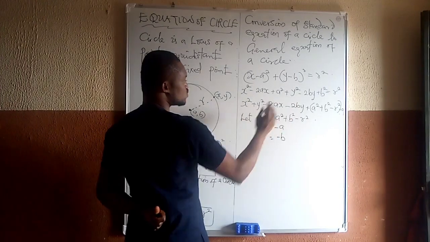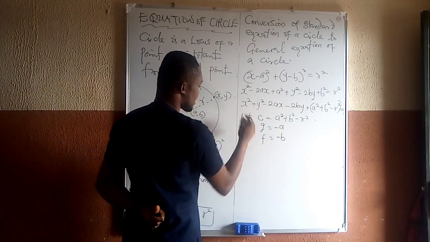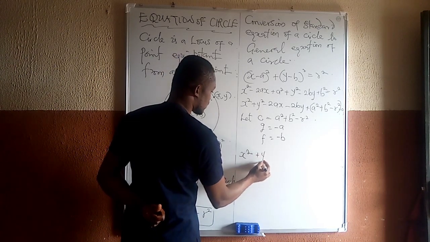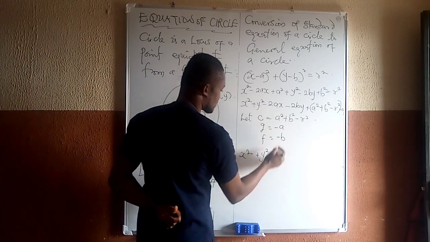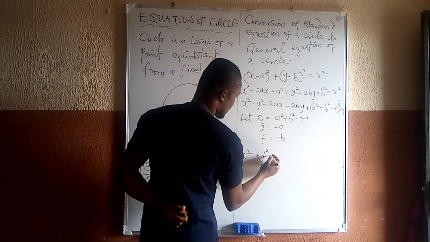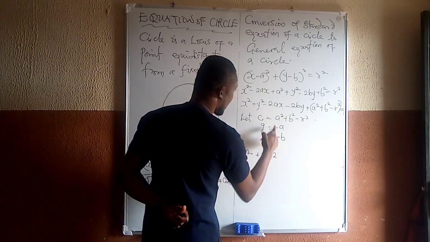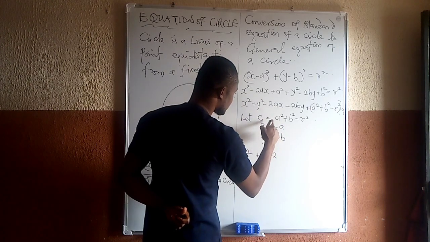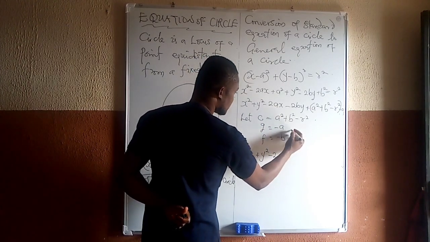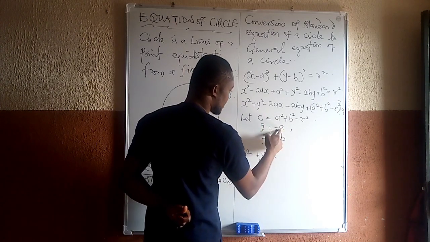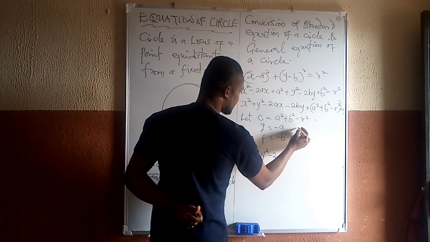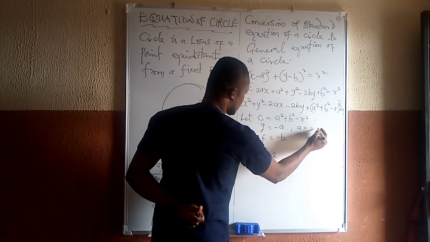Now, if you substitute in this very equation, we are going to have x squared plus y squared minus 2ax. We have minus 2. Our a is now equivalent to minus g, right? Because if g is equal to minus a, automatically a is equal to minus g.